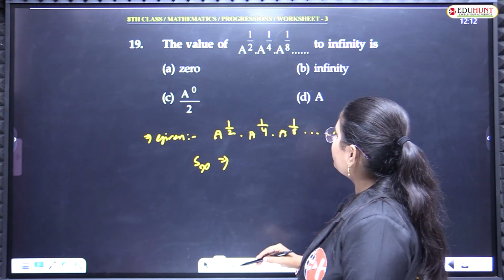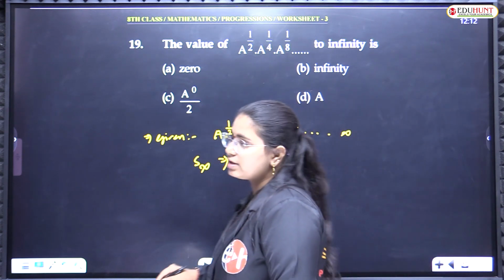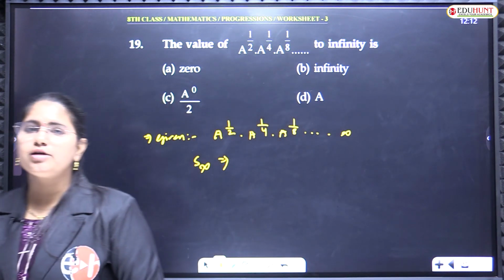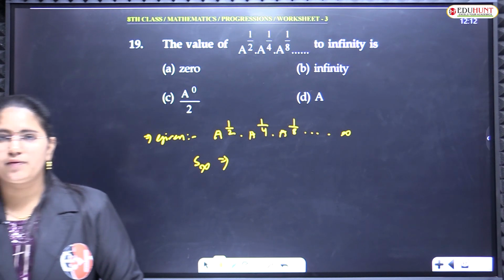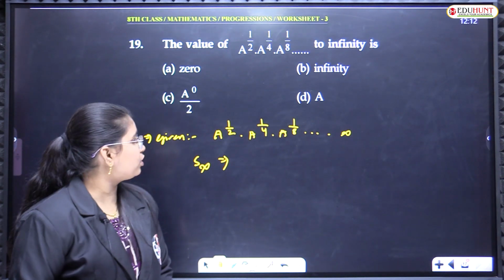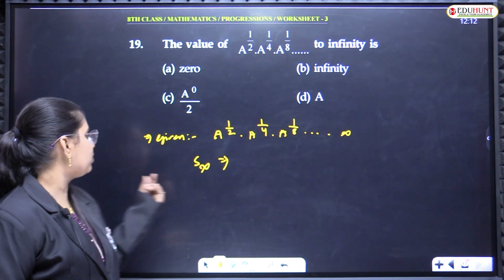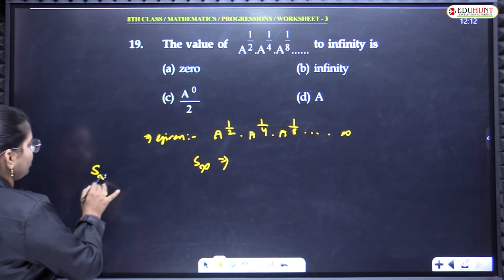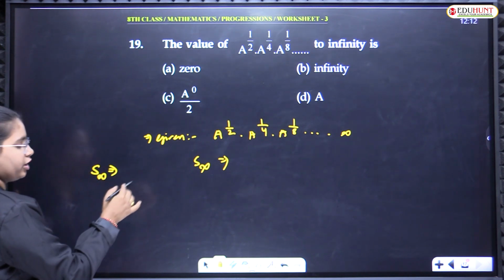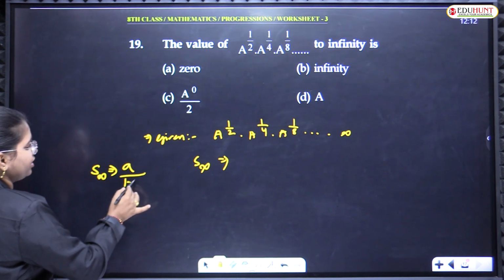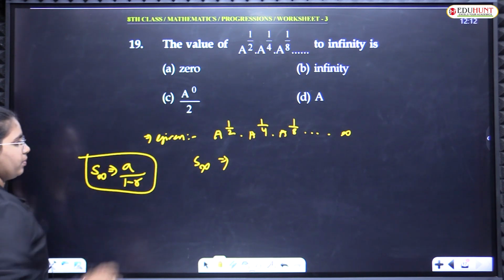We will do one thing. How do you find S infinite? In a GP for infinite terms, S infinite is A by 1 minus R. This is the formula, right?